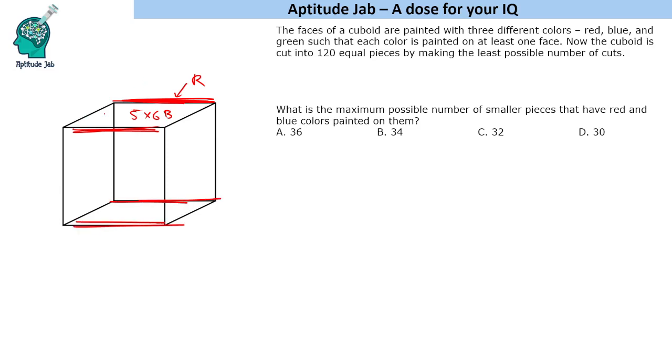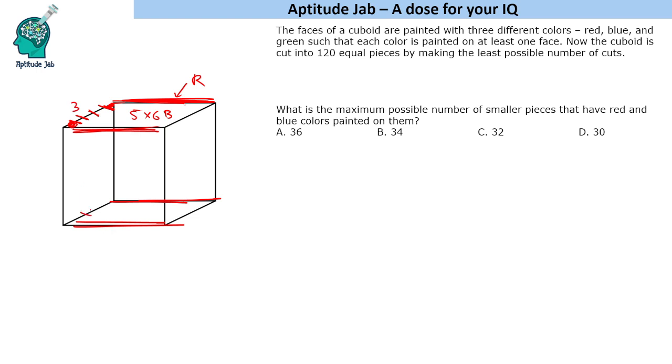Now these are 5 cubes, right? So 1, 2, 3, 4, 5, 5 pieces. Now these have already been counted. When I count this straight line, I have counted all these pieces. So I'm left with 3 pieces. 1, 2, and 3. So 3 pieces here.